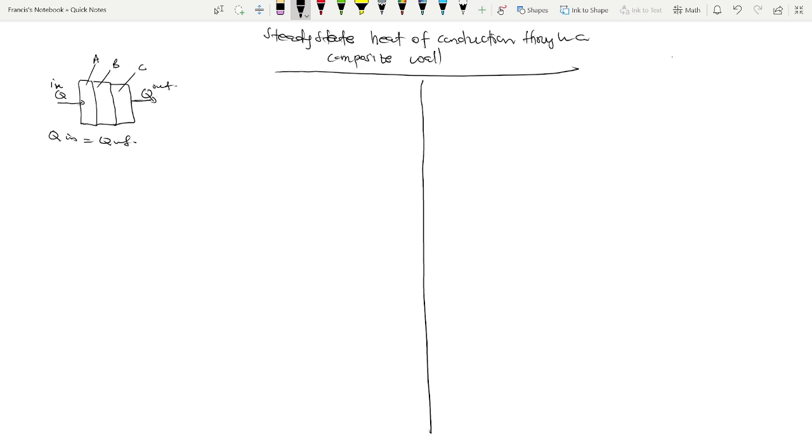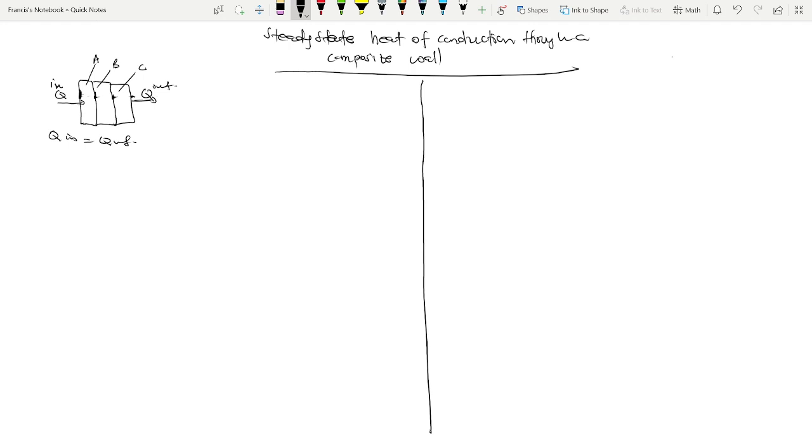So at each point, from this outer surface to this inner surface, the heat transfer from here to here will be the same heat transfer from here to here, and the same from here to here. And that's why the heat transfer in will be the same as heat transfer going out.